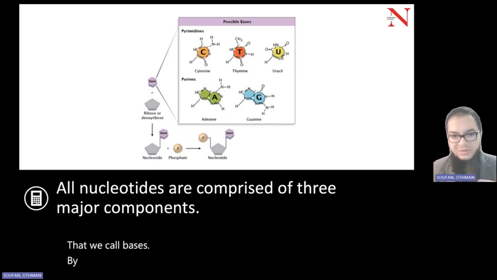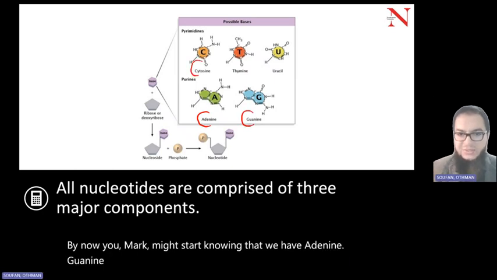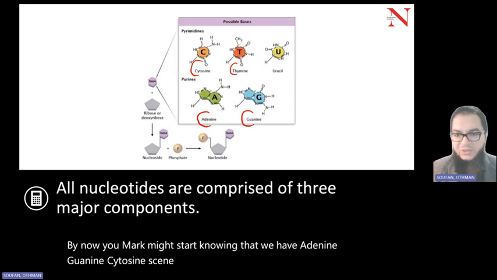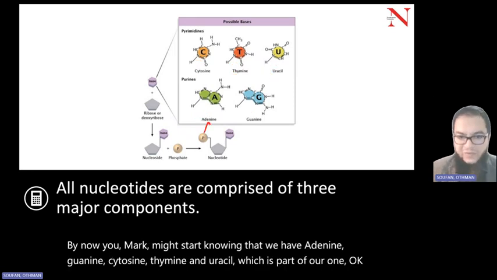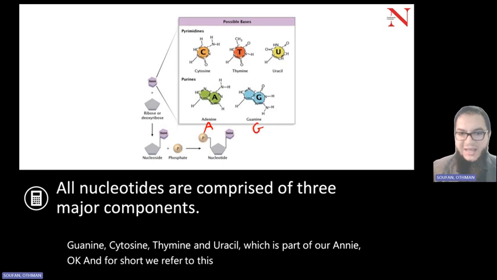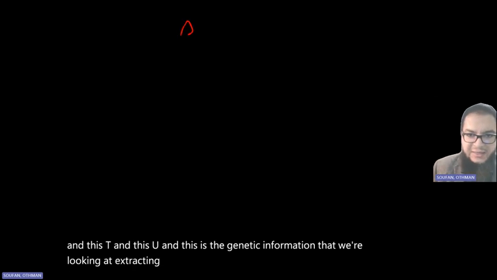By now, you might know that we have adenine, guanine, cytosine, thymine, and uracil, which is part of RNA, okay? And for short, we refer to these as A, G, C, T, and U. And this is the genetic information that we're looking at extracting at the end of the day.